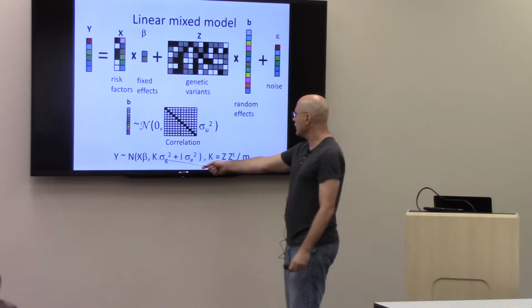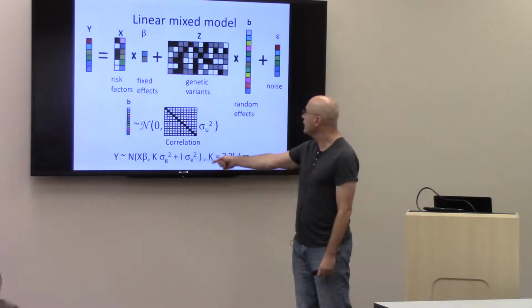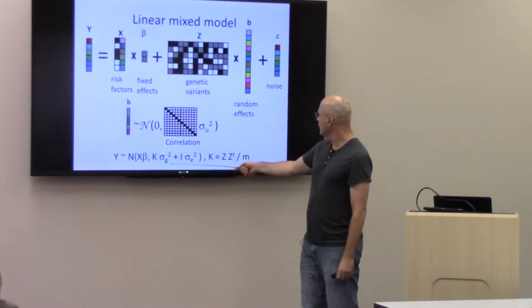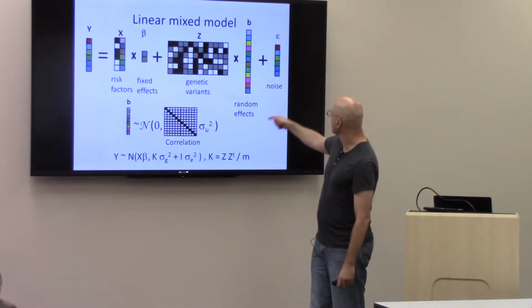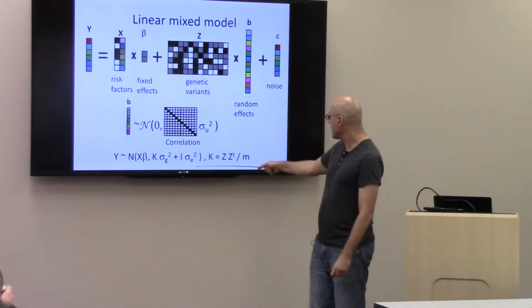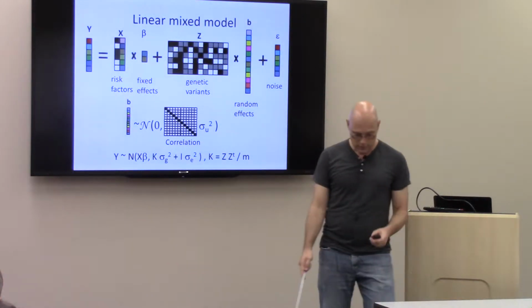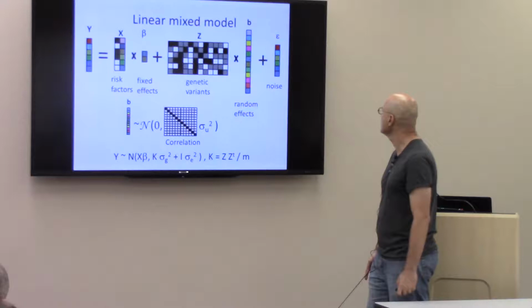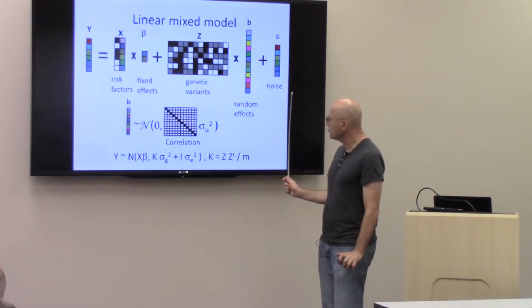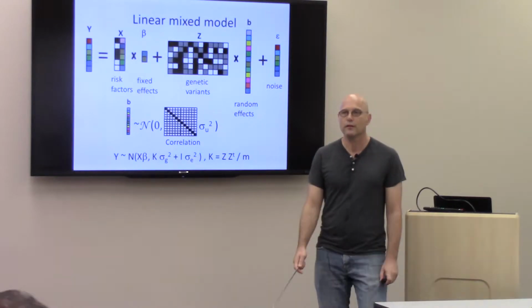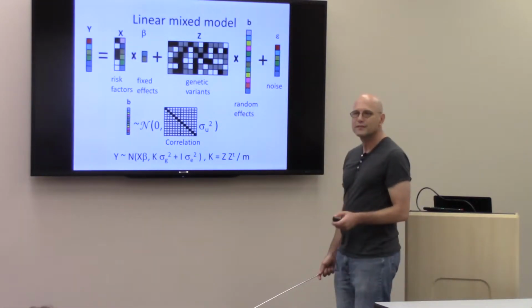Our vector y has a normal distribution whose mean depends on the fixed effects, and its covariance is a combination of the correlated part that comes from the genetic effect and the uncorrelated part that comes from the environmental effect. So this is the model, and for our purposes we're just going to work with it and not argue with its assumptions right now.